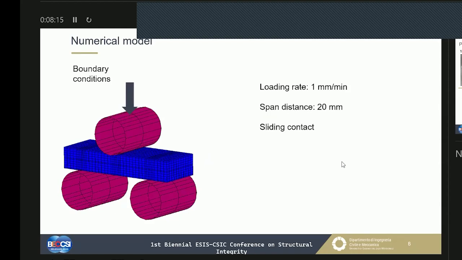As concerns the boundary conditions, the supports and the loading nose were simulated as rigid surfaces, with cylindrical rigid surfaces.